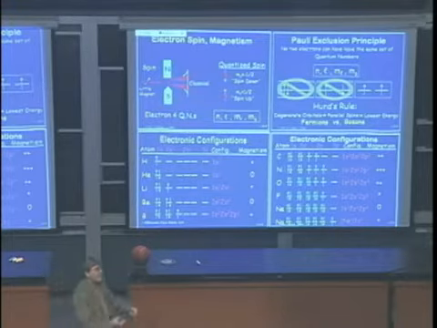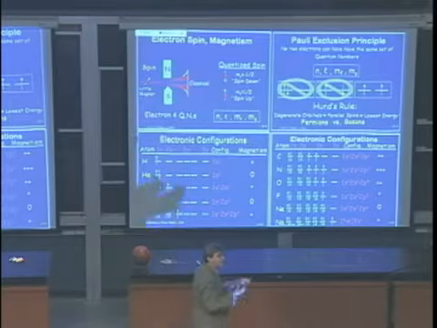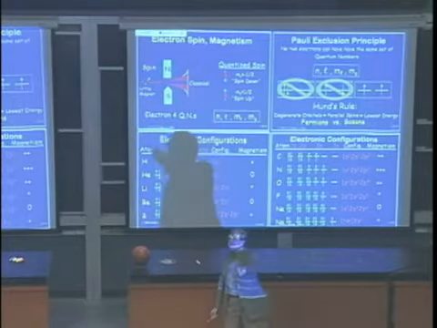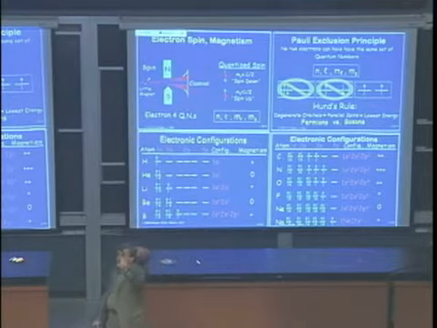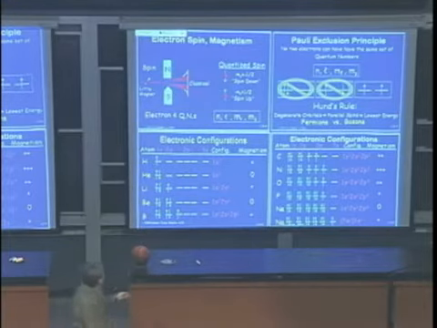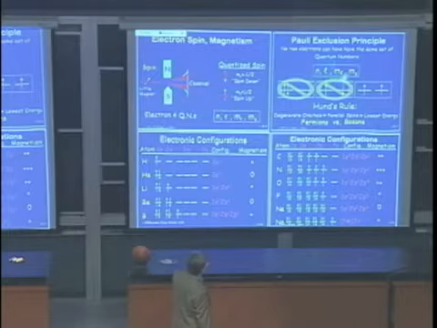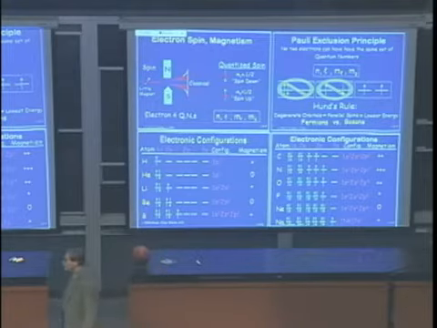So if you have, for example, a 1s orbital, how many electrons can you put in there? 2, because for this n equals 1, l equals 0, m sub l is 0, and m sub s can be minus 1/2 and plus 1/2. So it has to be minus or plus, so we have 2 electrons.